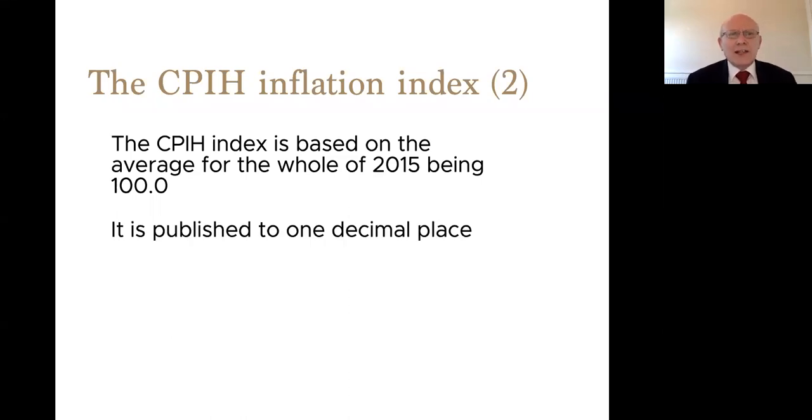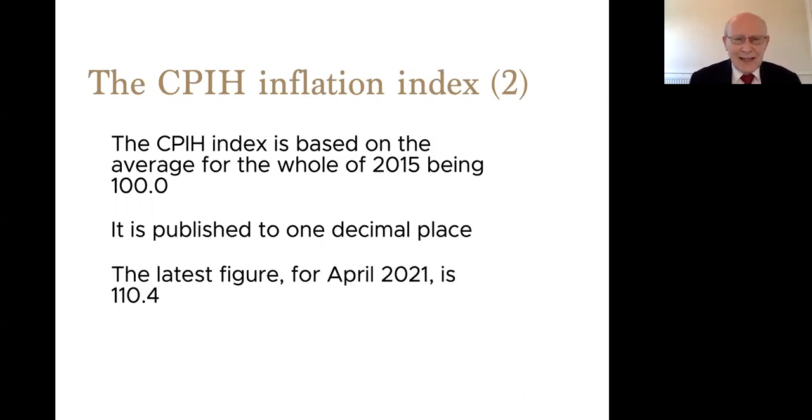The CPIH index is published to 1 decimal place. So as you see, I've called it 100.0 there. And the latest figure, which is published, which is the one for April 2021, is actually 110.4. That's the ONS latest published figure for this index.